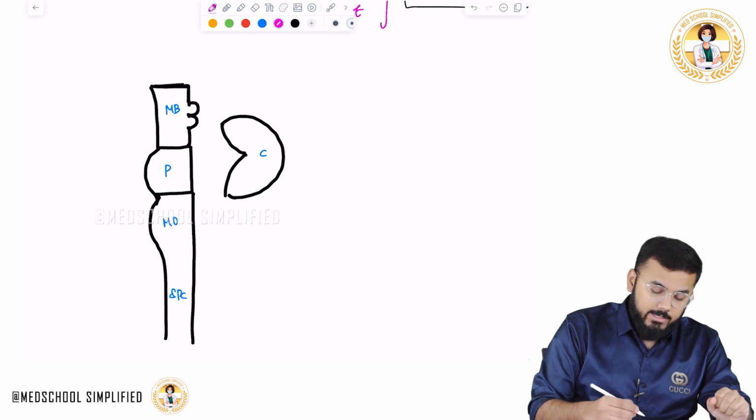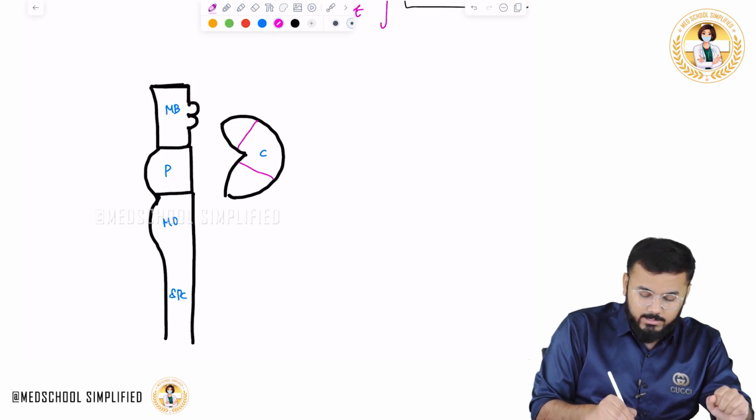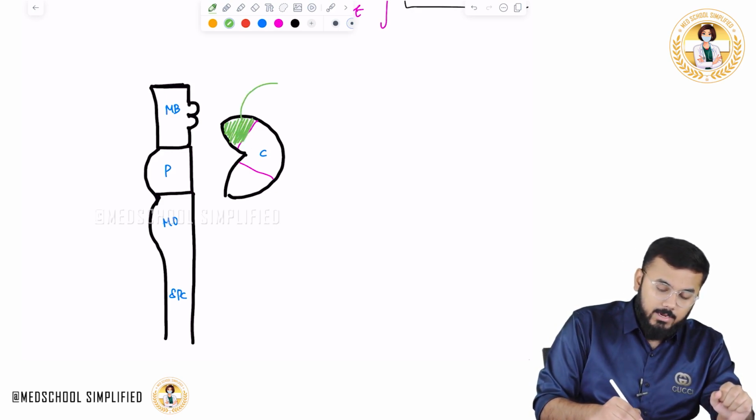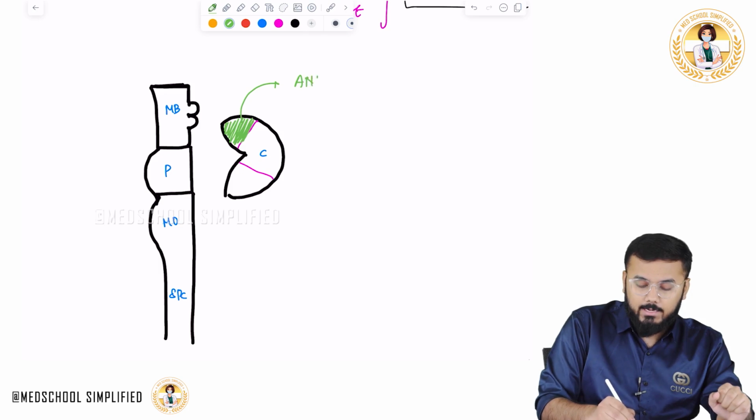Now, if I divide the cerebellum into three different parts like this, you see this part of the cerebellum which I am highlighting right now is called your anterior lobe of the cerebellum.